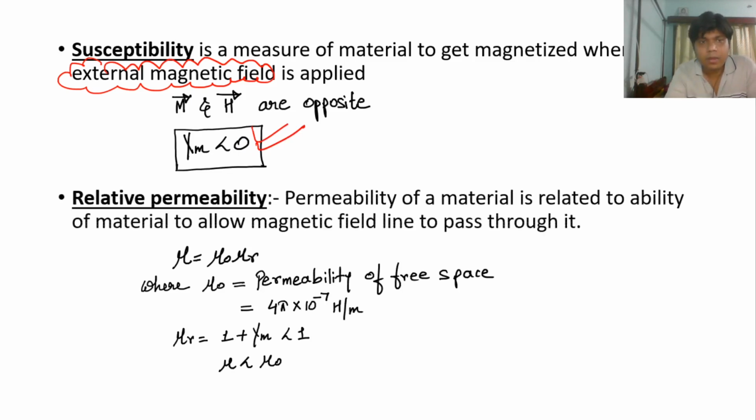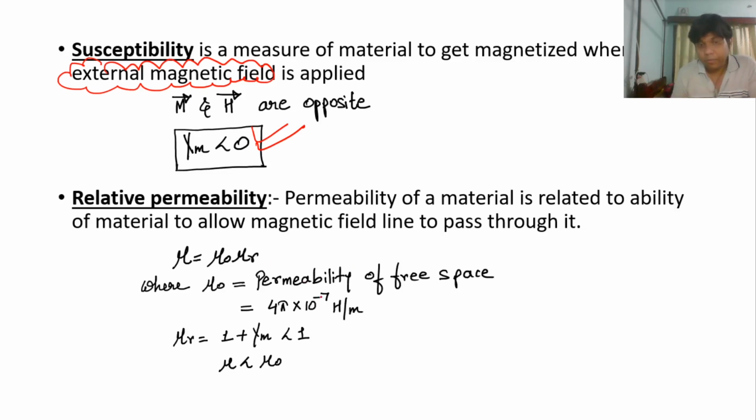Now let us try to understand what we mean by the permeability of a material. Permeability is related to the ability of a material to allow magnetic field lines to pass through it. Generally, permeability is the product of the absolute permeability, represented by mu naught, and the relative permeability of the material, represented by mu r.